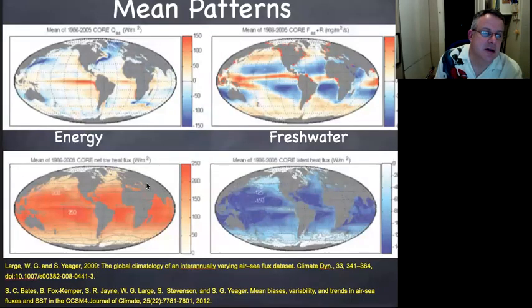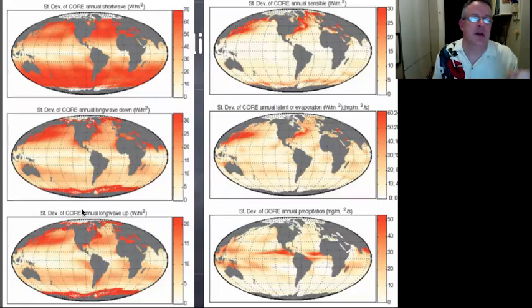This picture makes it seem like we really understand what's going on, but actually these fluxes are not very well known from point to point because they are extremely variable in space and time. So here's the standard deviation of the annual shortwave, and here's the standard deviation of the sensible, longwave, latent. These are big numbers.